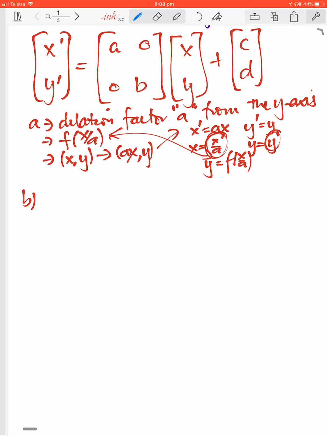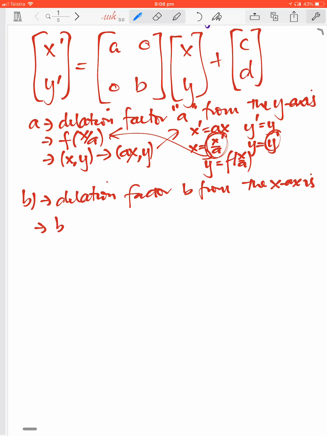Okay, B, well, that's a dilation factor B from the x-axis, which is B times f of x. In image equations, x, y becomes, now if I multiply by b, I'm multiplying the y value by b, so I get x, by.